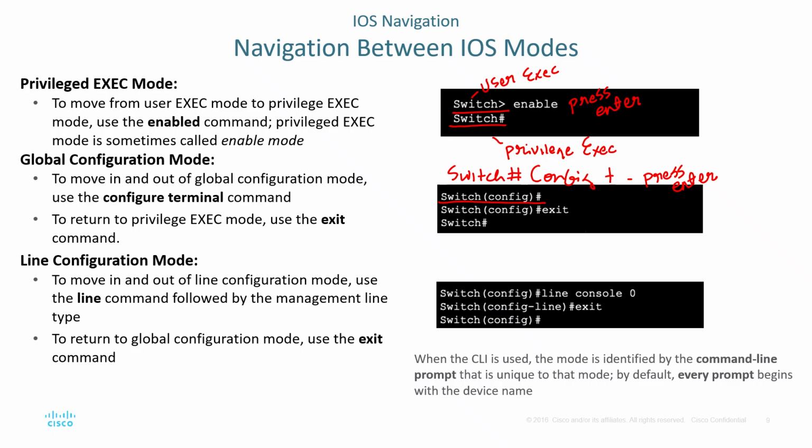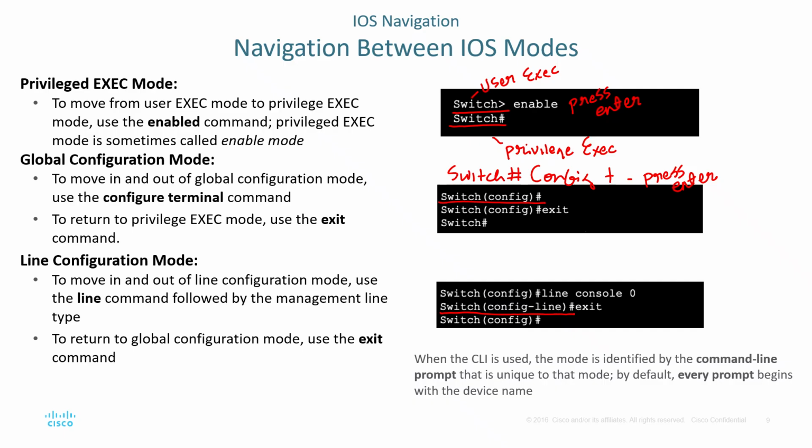Now, I hit enter. Now pay attention to the line prompt. So that whole thing is the prompt for line. Again, if I want to return to global, I type exit, and that brings me again back one mode.